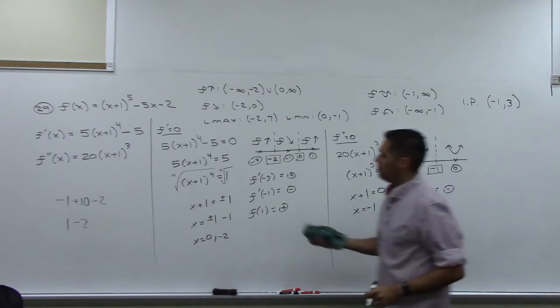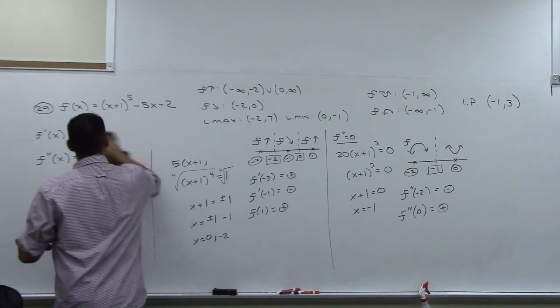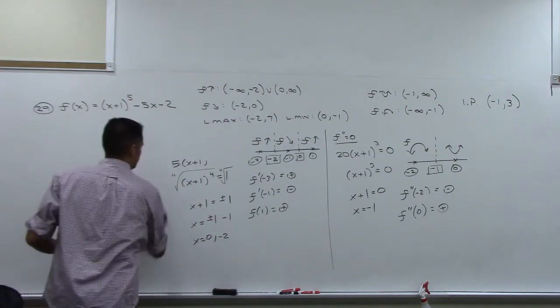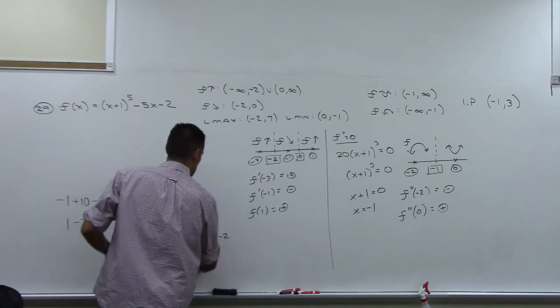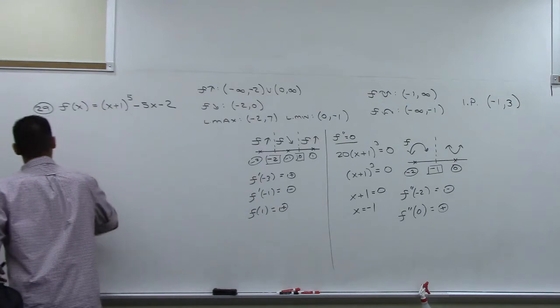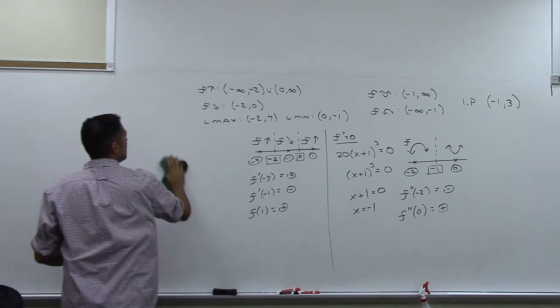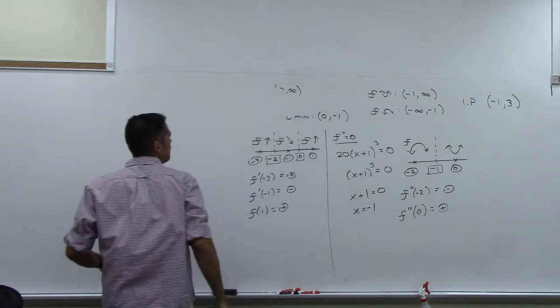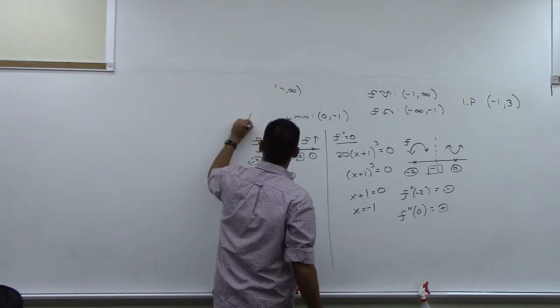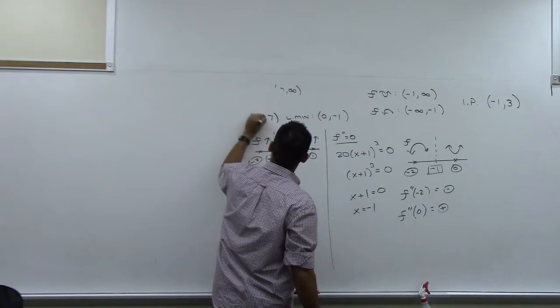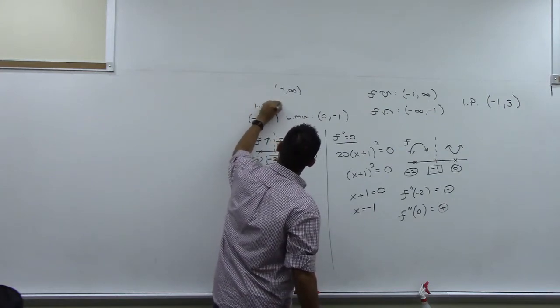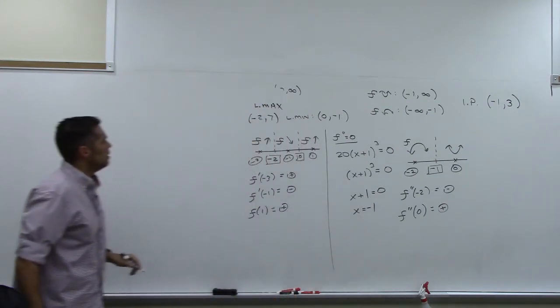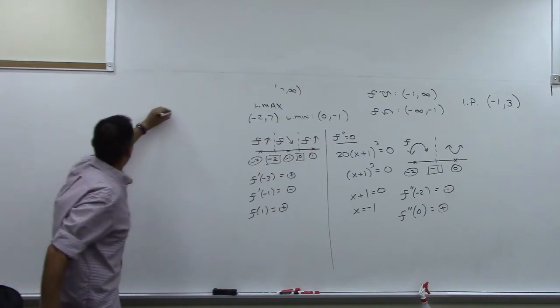Picture time. I'll erase all this. Do it right here. I don't need any of that. Oh wait, I did need that. That was at negative 2, 7 was my local max. Okay. All right, so start off, number line.